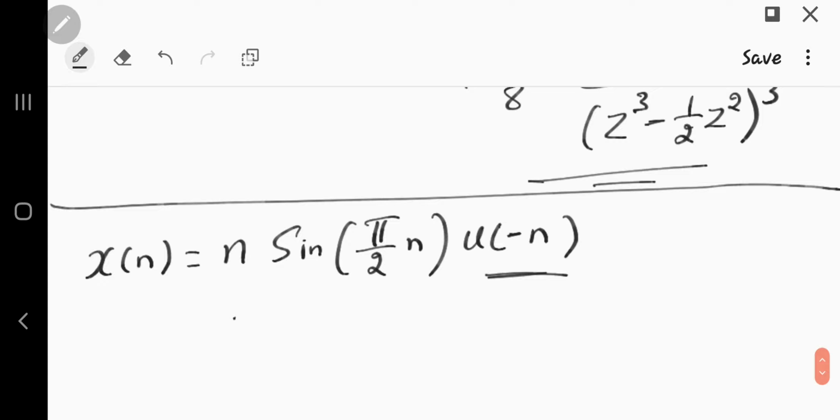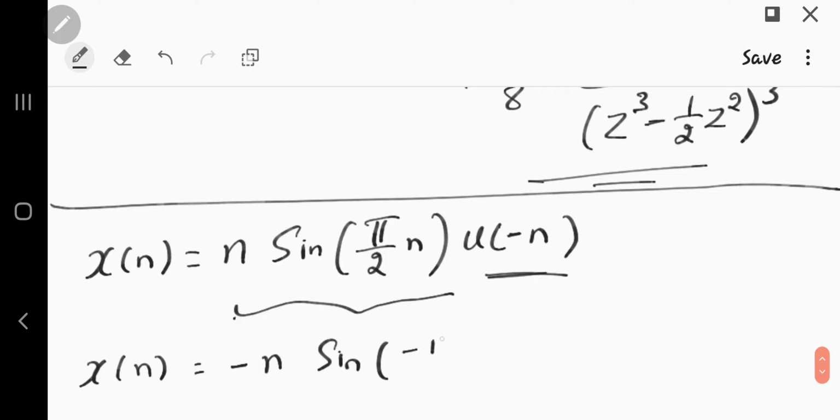So that step is important here. Take one signal at a time. So first take this term, and afterwards you can first apply this n into x of n first, and then go with the time reversal property, or you can rearrange this like x of n is equal to minus n sine minus pi by 2 n into u of minus n.